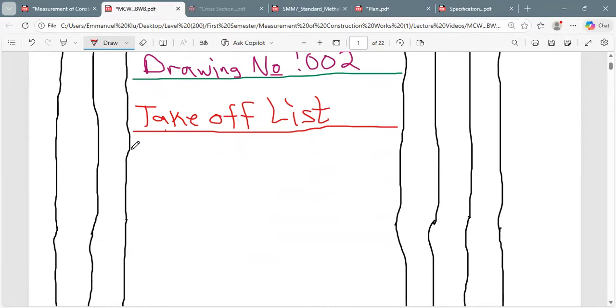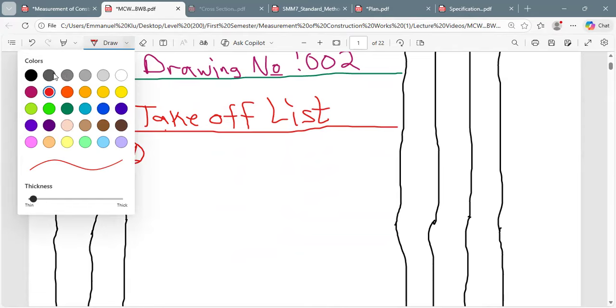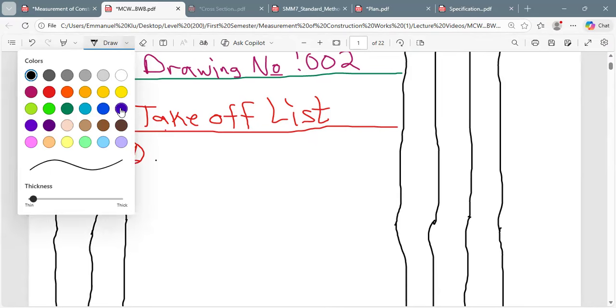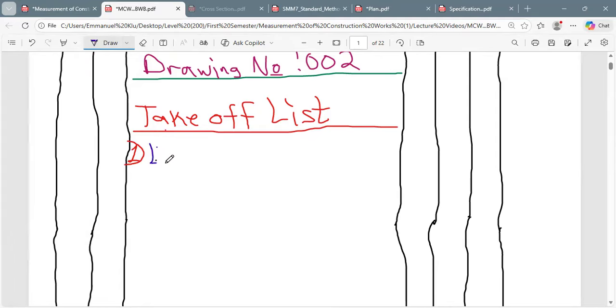So this becomes our item one. I'm going to write that. The first one is going to be excavation of topsoil.